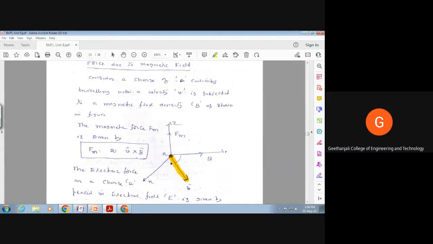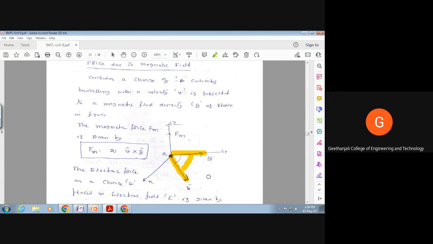Assume that it is moving in the xy plane. And when this is subjected to a magnetic flux density of B, let theta be the angle between V and B. What is the magnetic force on this point charge which is moving with the velocity v?